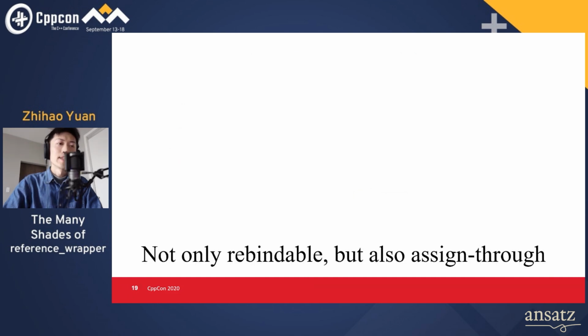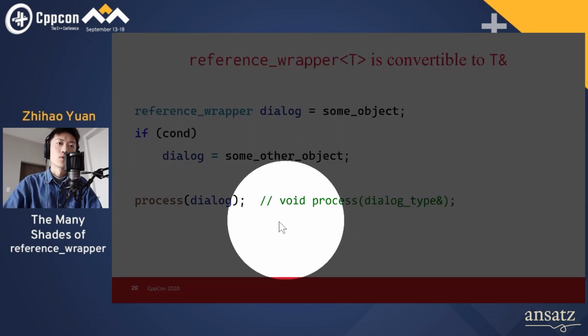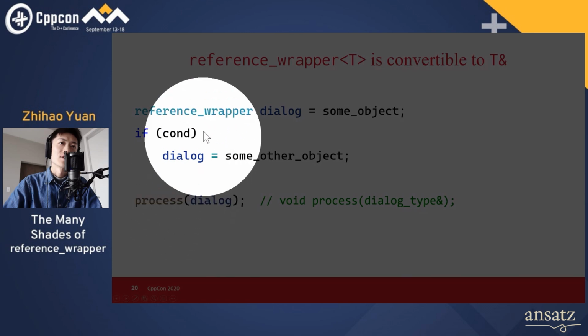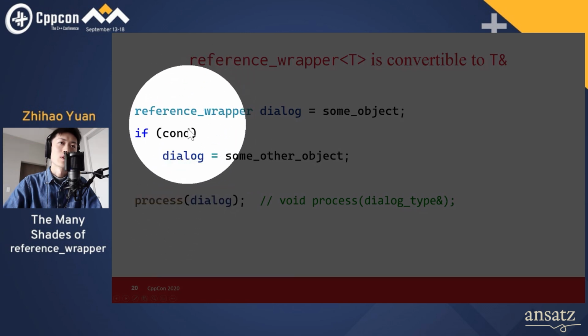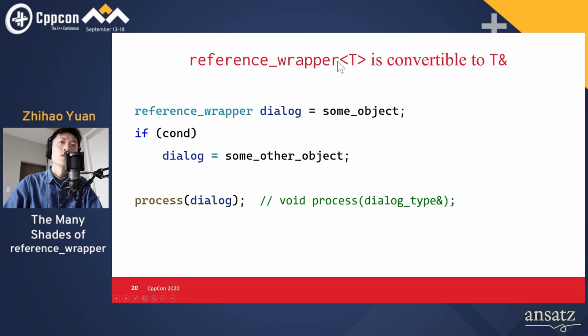reference_wrapper is not only rebindable. It also does assign through. So if we bring back the previous example, you will notice that this line compiles while we are changing auto& to reference_wrapper. This is because reference_wrapper<T> is convertible to T&. This conversion can give you direct access to the bound object.